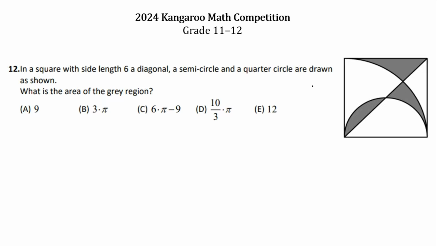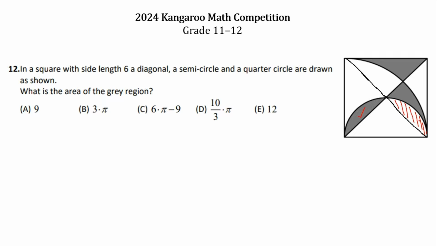What I'm going to do first is draw the other diagonal, this one, passing through the center, which is this point, and then to the other corner. What do you notice now? Notice that this area is exactly identical to this area.